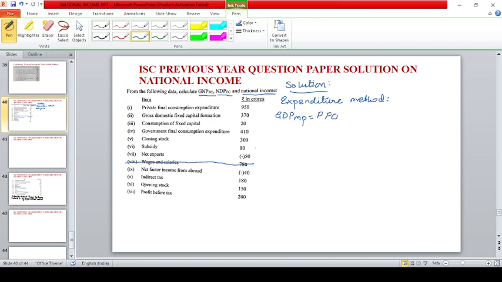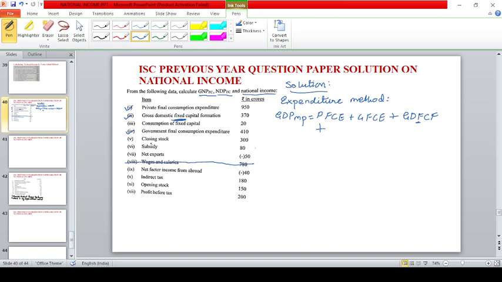Private final consumption expenditure plus government final consumption expenditure, which has also been given to us, plus gross domestic fixed capital formation. When fixed capital is given, that means you have to add change in stock.